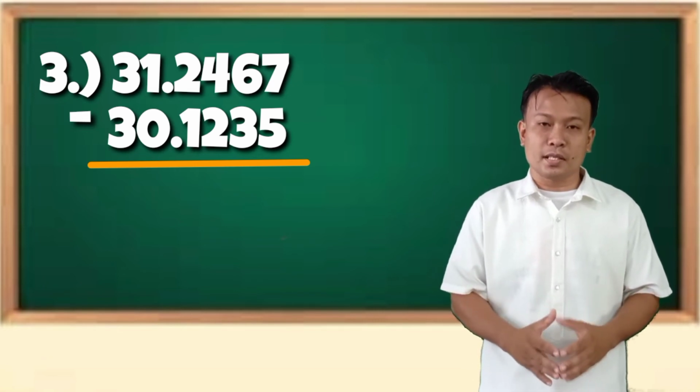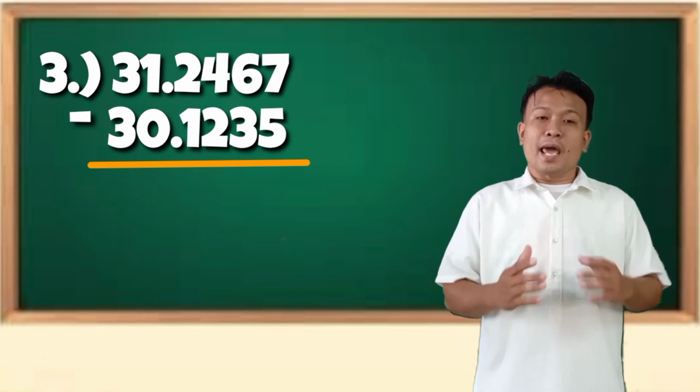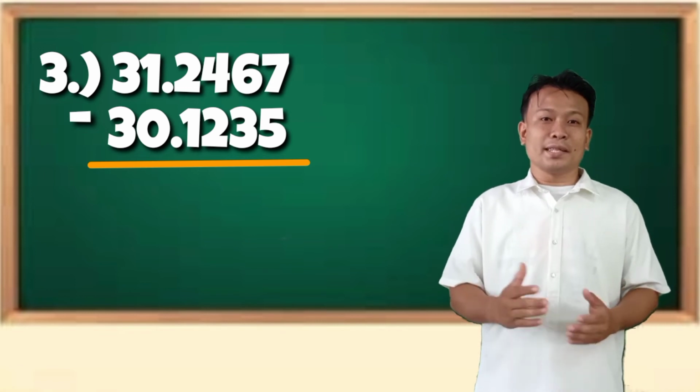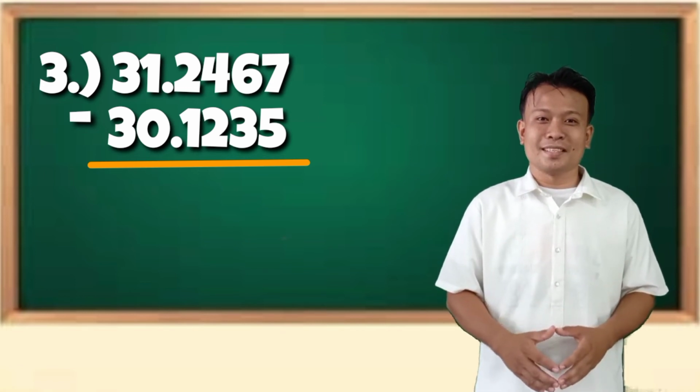Number 3. 31 and 2,467 ten thousandths minus 30 and 1,235 ten thousandths.